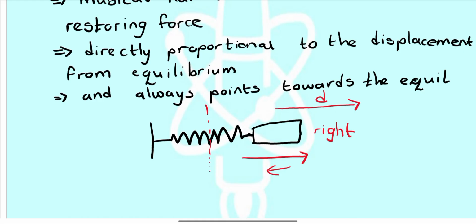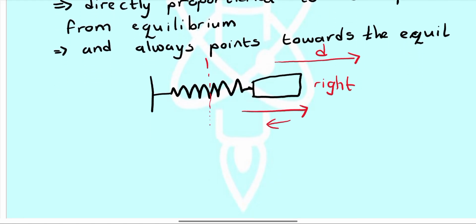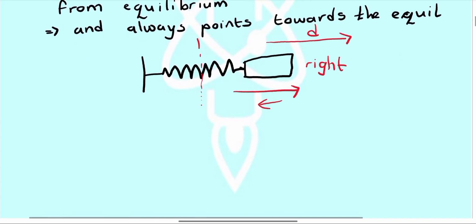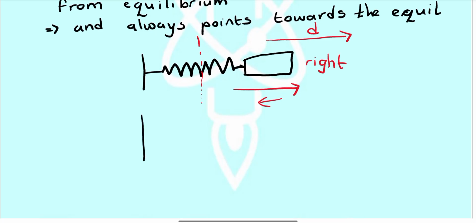And then suppose that the spring is now compressed to the left. Here's our spring being compressed to the left. Suppose that the equilibrium position is still around here.